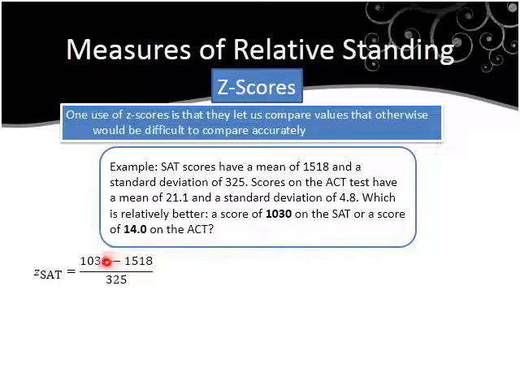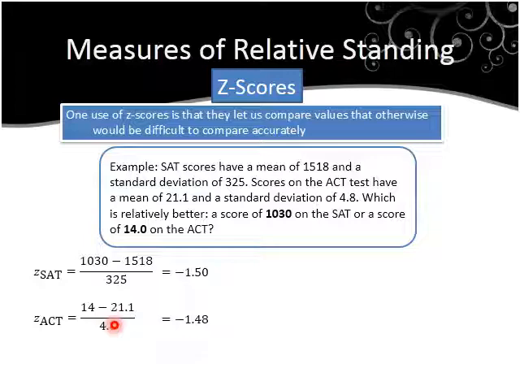To calculate that, I simply take the number 1030 minus the mean of SAT scores divided by the standard deviation of SAT scores, and that gets me a z-score of negative 1.5. Now let me calculate the z-score for 14 on the ACT. I'll take 14 minus the mean of ACT scores divided by the standard deviation of ACT scores, and that gets me a negative 1.48.